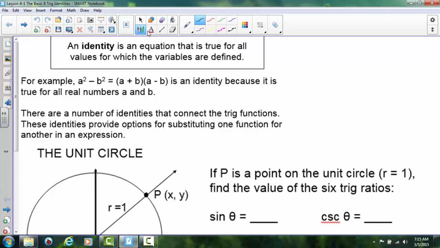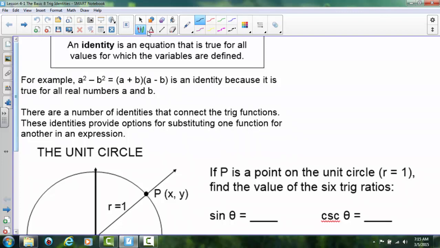But one example that they give you that you might have seen before is that from algebra, a squared minus b squared equaled a plus b times a minus b. We had some others, but that's just an example of one of the identities.